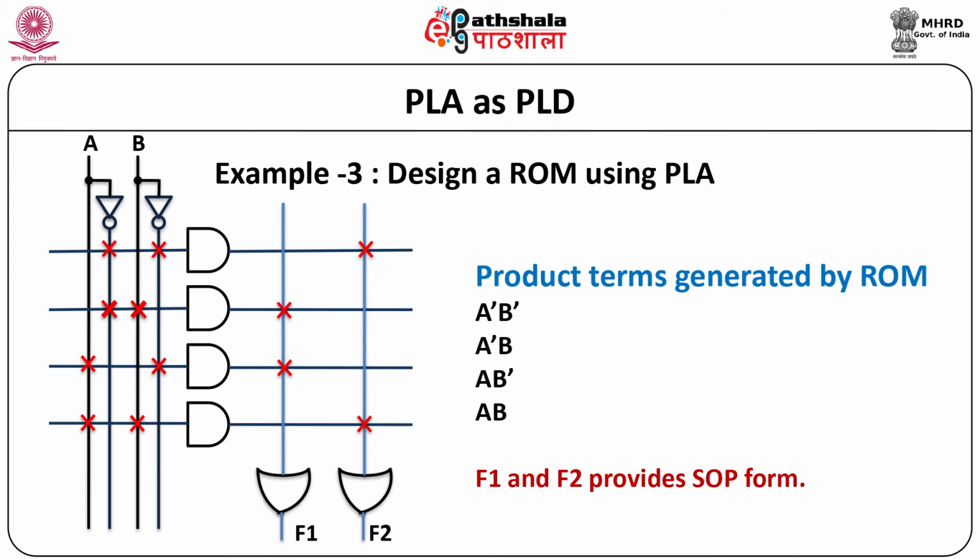For PLA, all the complemented and uncomplemented variables are available for programming the AND gate matrix. Thus, the crosslinks are placed at appropriate positions through programming for implementation of ROM. The OR matrix can also be programmed to obtain the data lines of ROM as per requirement.